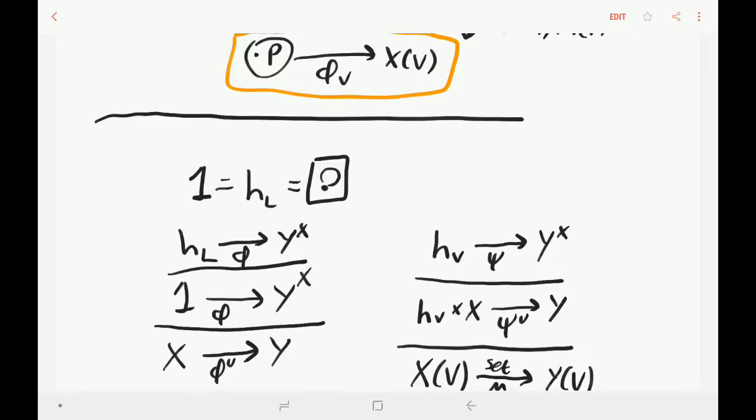Okay, because we have, for example, a discrete bouquet is going to look like this.